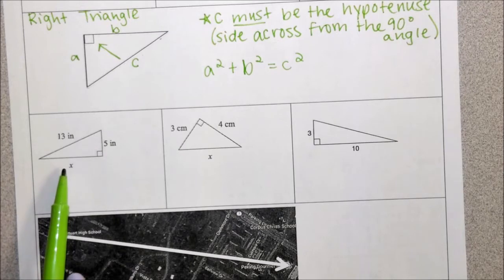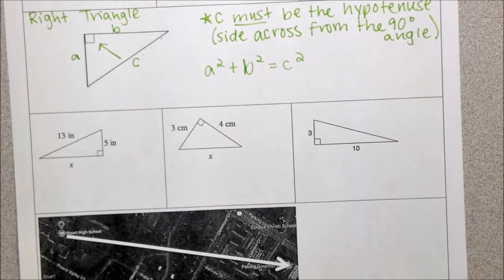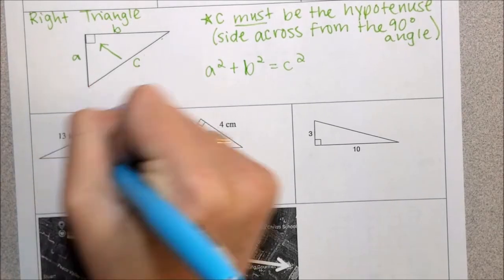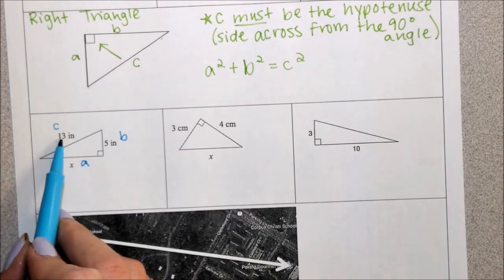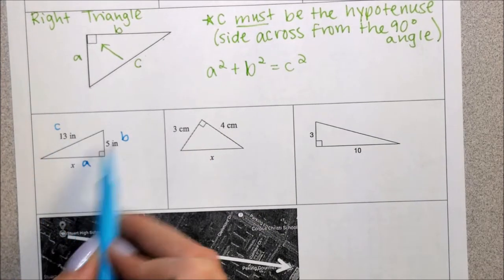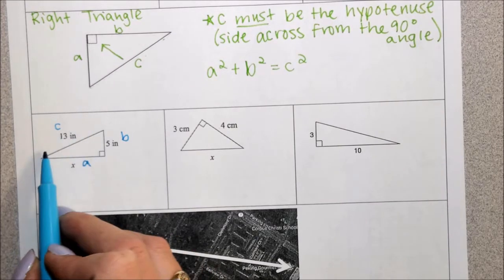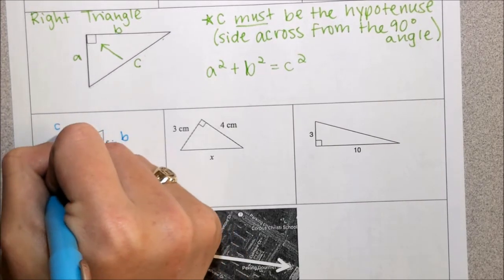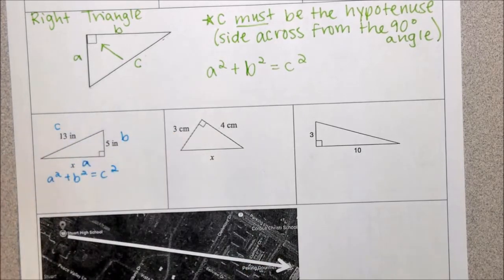So first we're just going to practice Pythagorean theorem in these problems. First I want to label my sides, A, B, and C. C is that side across from 90. The A and the B don't matter which is which, as long as it's not this side. So then I use a squared plus b squared equals c squared.